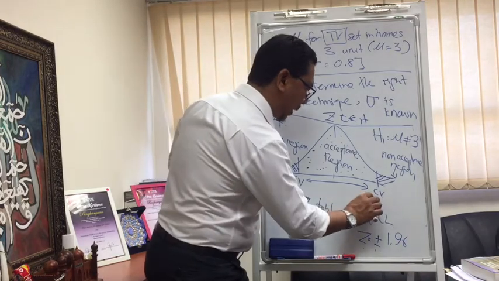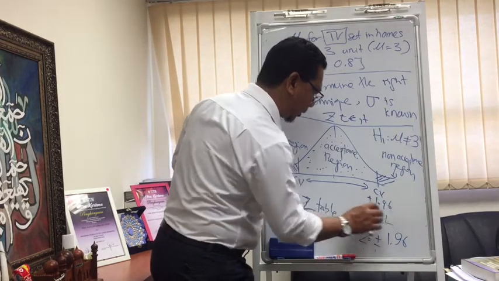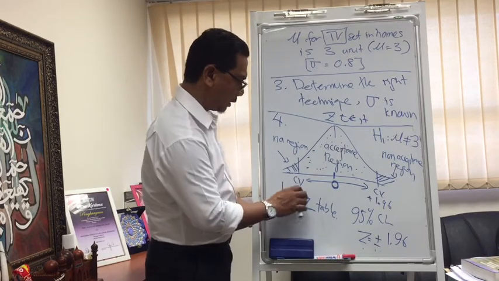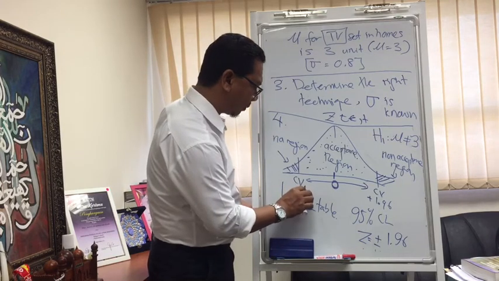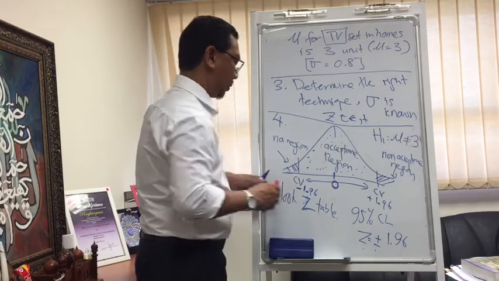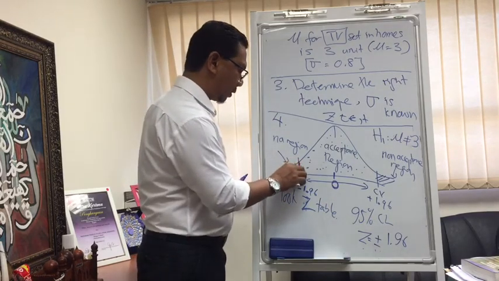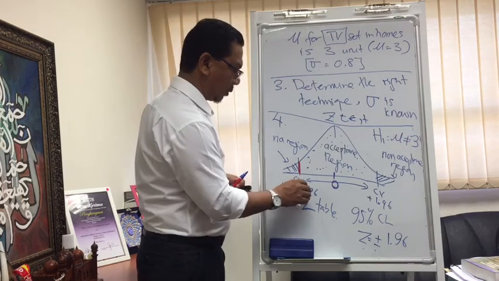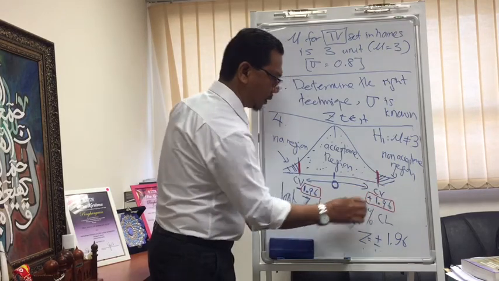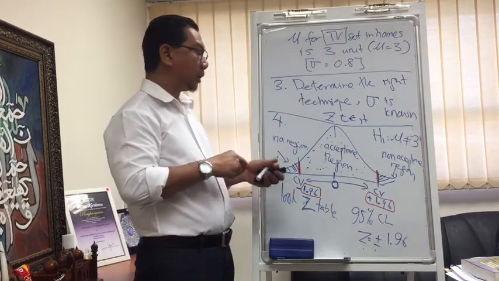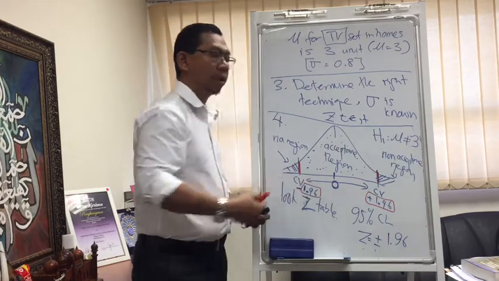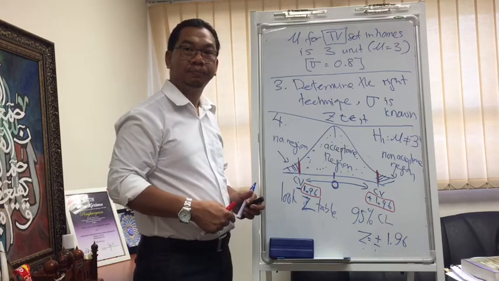So here is plus 1.96, in the middle is 0, and here is negative 1.96. So this is step 4: identifying the critical value.